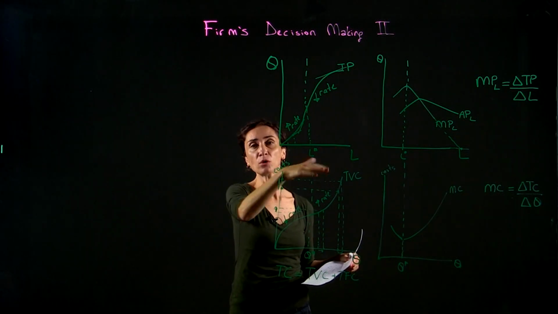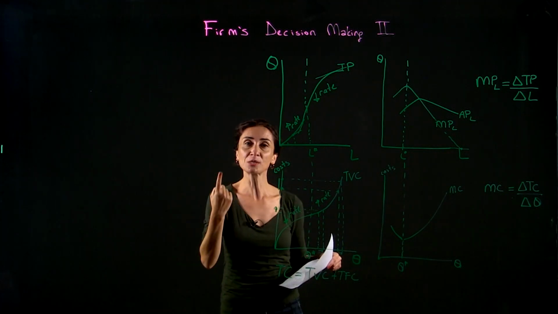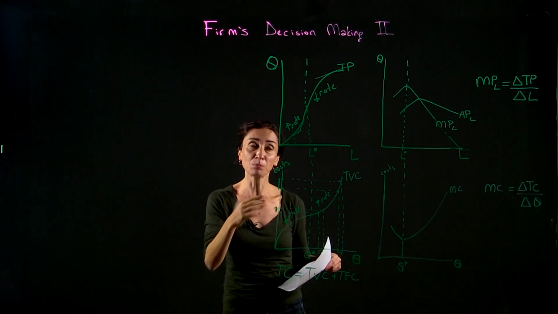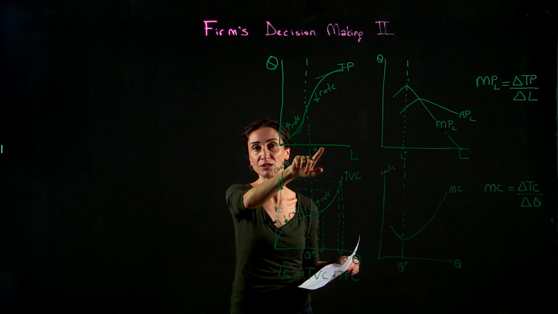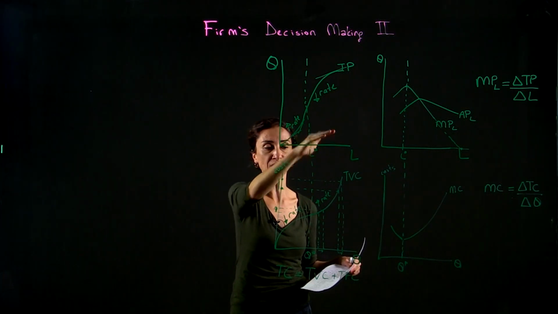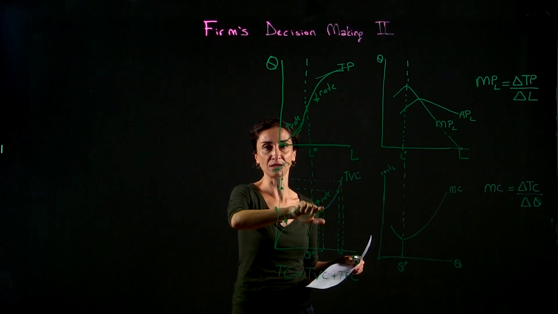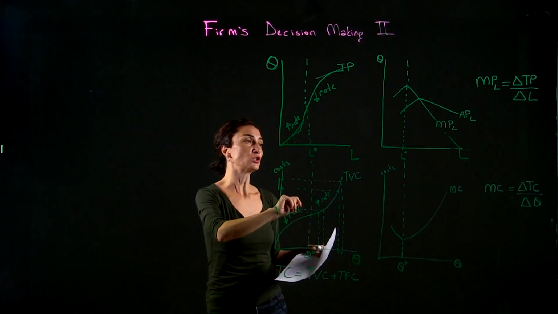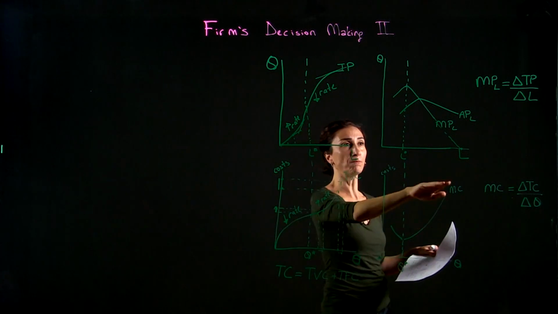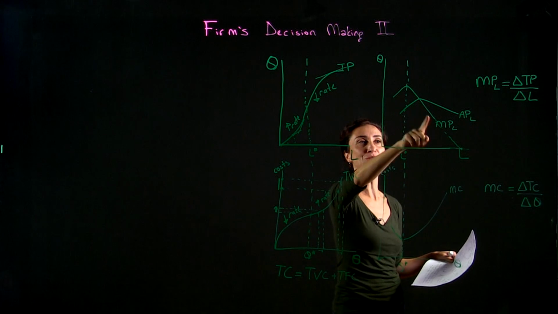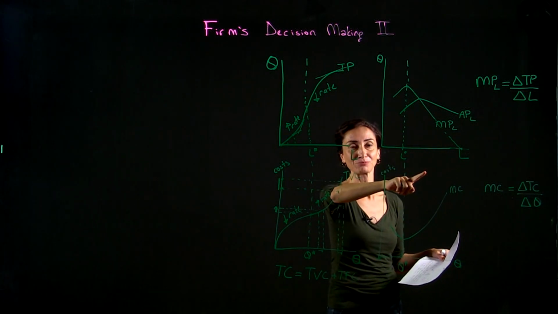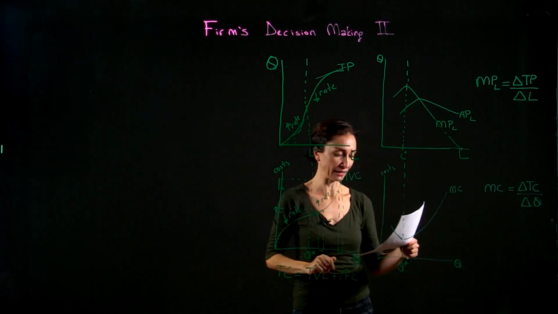But for these 4 sandwiches, each sandwich costs me less because labor was producing more at the margin here. Because of this, marginal cost is increasing here, okay? So the reason marginal cost is upward sloping is exactly the same reason why marginal product is diminishing. And this is the most important thing.